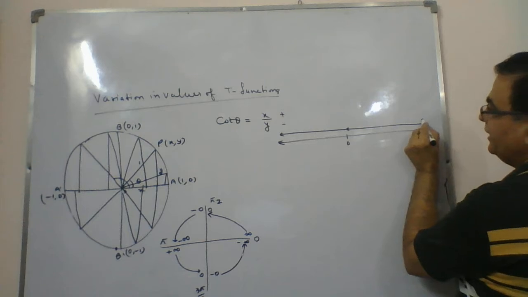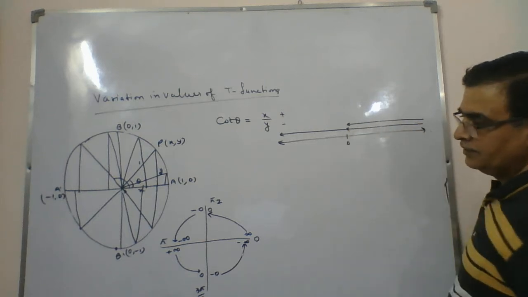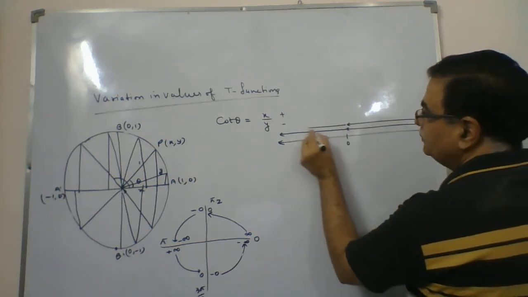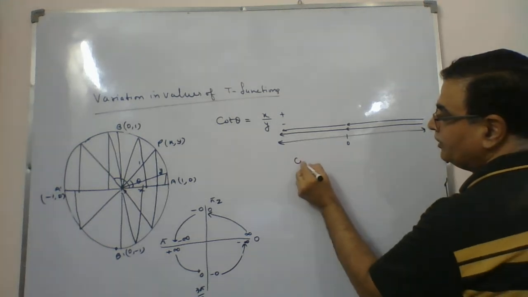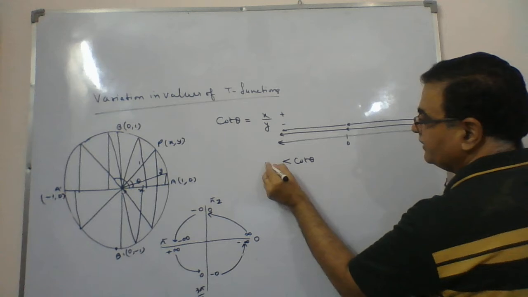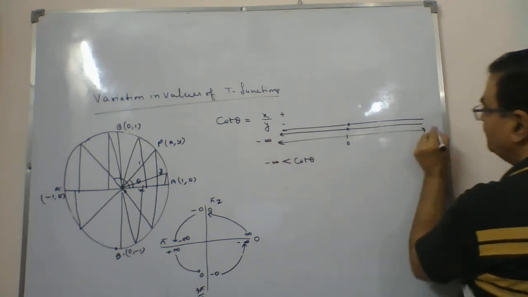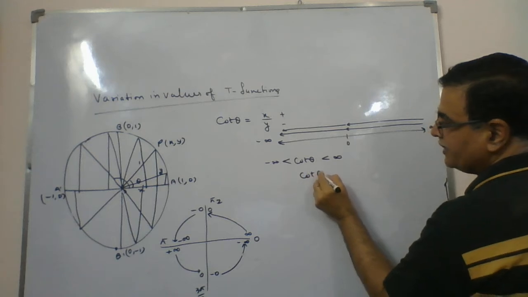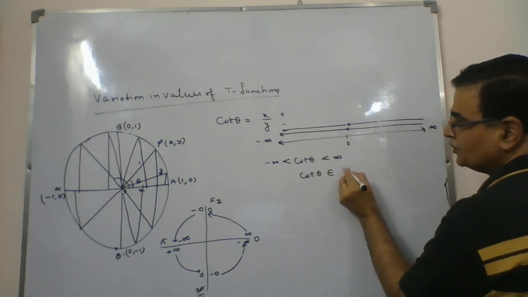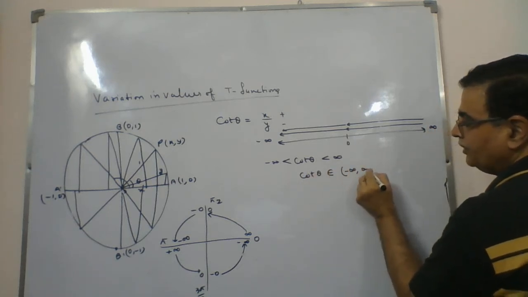It is infinity and it is going to 0. And then 0 to minus. So we will say again cot theta is between minus infinity to plus infinity. Or again I should say cot theta belongs to minus infinity to infinity.